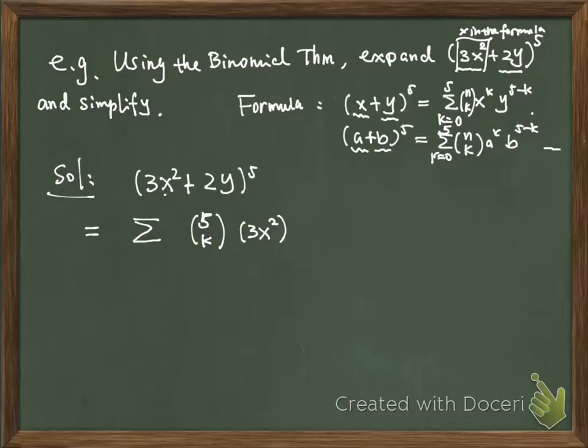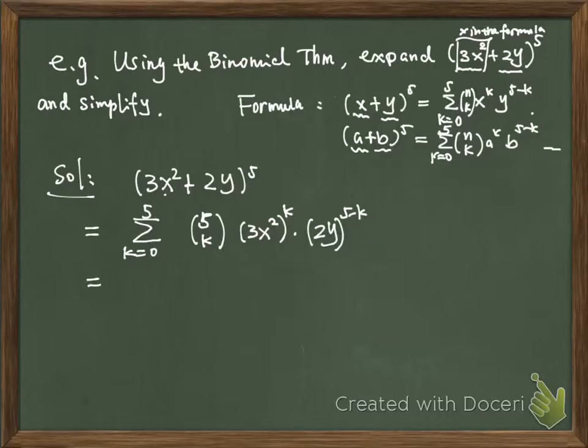So I have 3x squared to the power of k times 2y to the power of n minus k, which is 5 minus k. Okay, and k runs from 0 to 5.